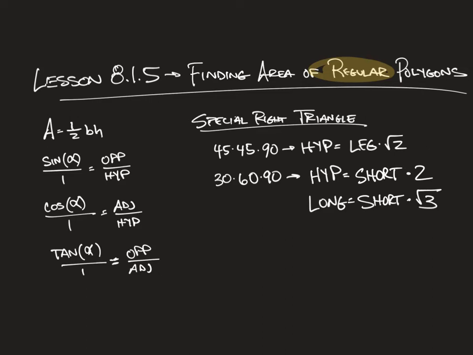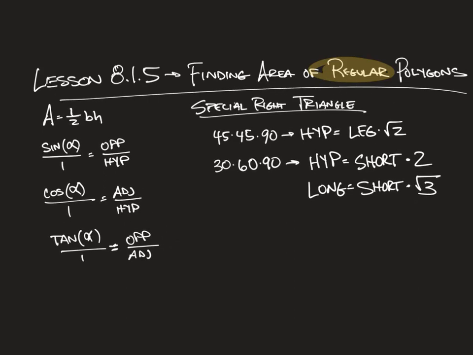Okay, so the other thing I want to mention here before we get started, I'm going to be using a 4-step procedure throughout all the problems in this lesson, and I just want to highlight those steps for you right here. First thing I'm going to be doing is finding the measure of a central angle in a regular polygon, and I'll talk about that when we see the first or second example.